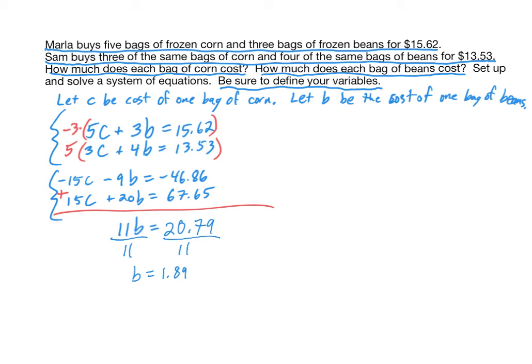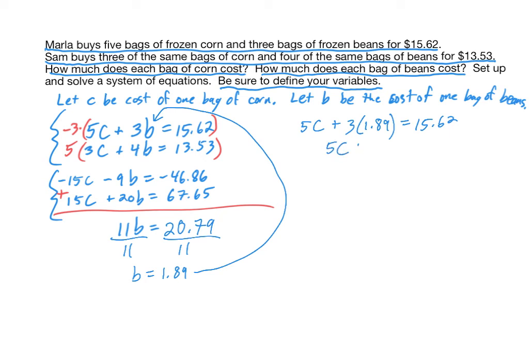We need to take this B and plug it into one of the original equations to solve for C. So we've got 5C plus 3 times, in place of B, I've got 1.89 equals 15.62. So let's solve this equation for C. So we've got 5C plus 3 times 1.89 is 5.67 equals 15.62.